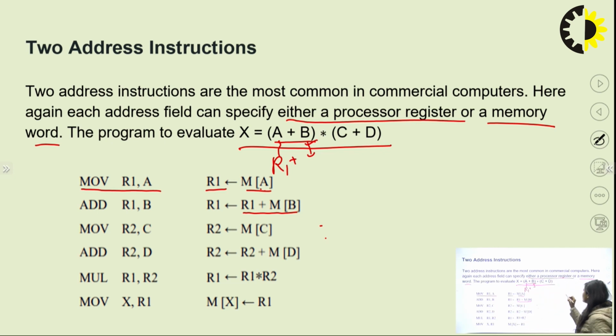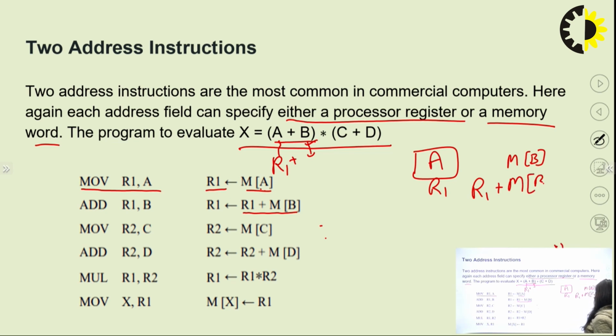It is something like this: we have the R1 location, we have put the content of A into R1, and we have a memory location M of B. We just merge the content of R1 with the data at memory location B, and after getting the result we put it into R1.